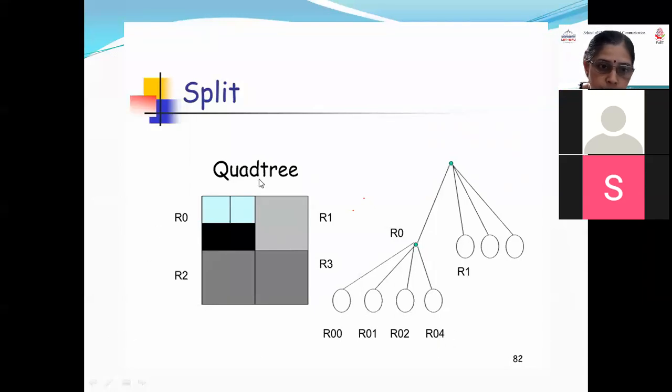Now, one drawback of this split approach is that here you can observe that R02 is similar to R03. This is your R02 and this is R03.